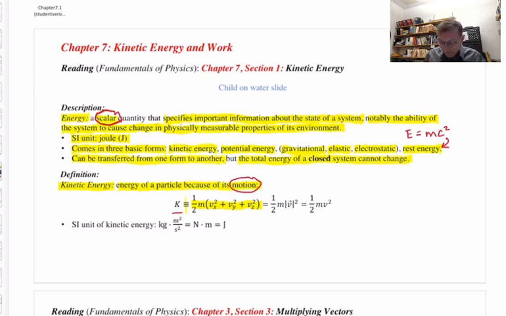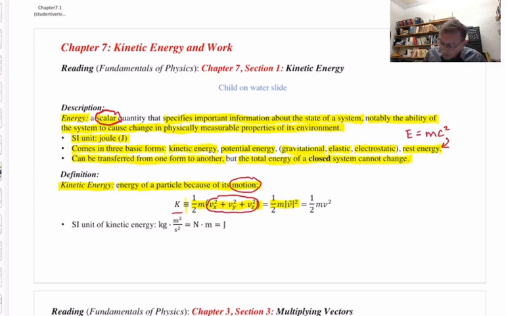Note, however, that if you take v sub x squared plus v sub y squared plus v sub z squared, from the Pythagorean theorem, that part right there is just the magnitude squared of the velocity. So another way to write this is 1/2 times m times the magnitude of v squared.